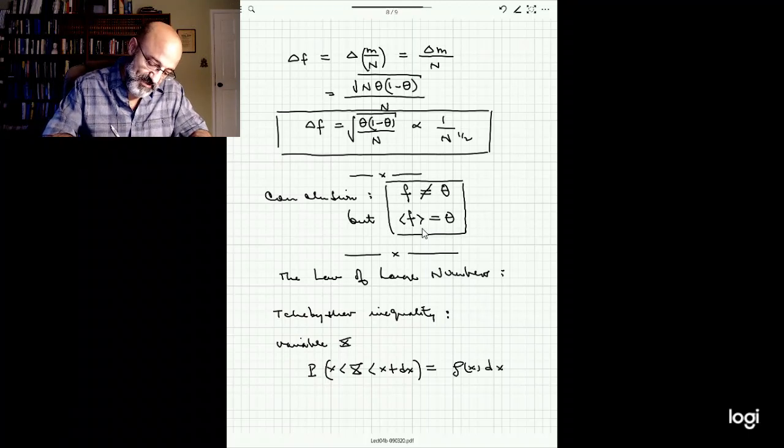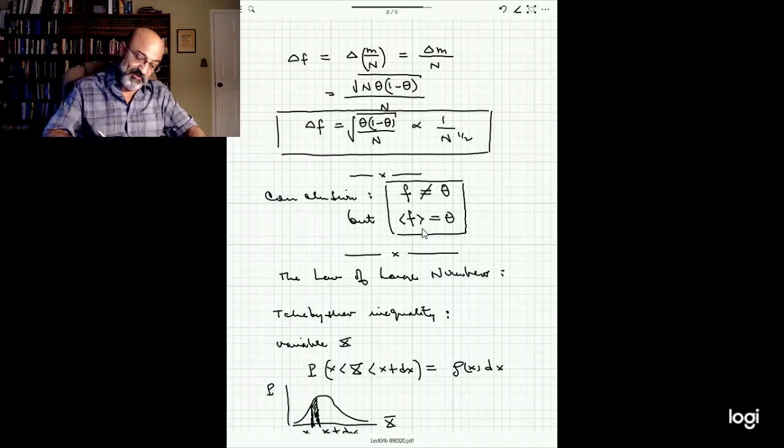So basically we say, well, we have a distribution for this variable X, and we want to figure out the probability that it lands within a certain range, x plus dx. Here is the total probability, and that's given by the value of rho, the density, multiplied by the interval.